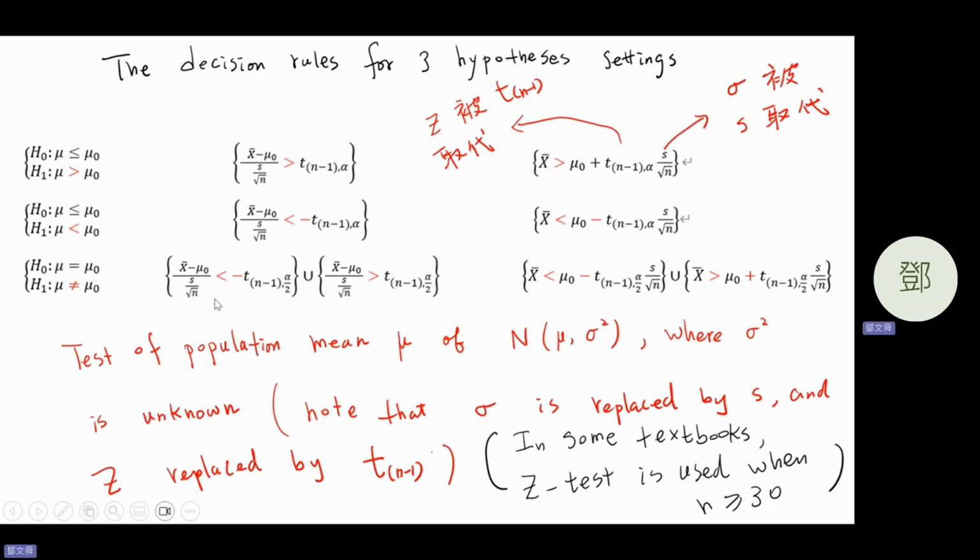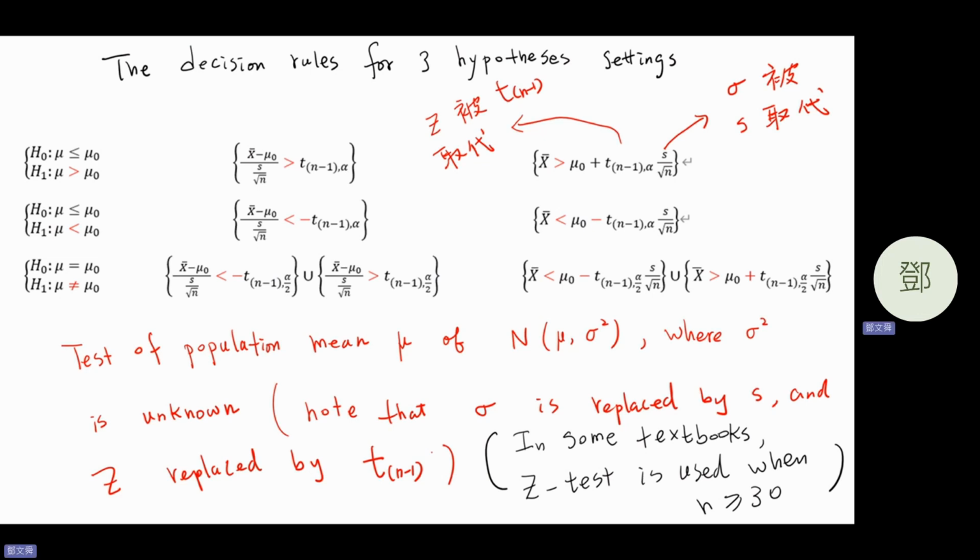Here, you see this? The change is very little. Here sigma is replaced by s, and z is replaced by t with n-1, where n-1 is the degrees of freedom of the t distribution. Attention!